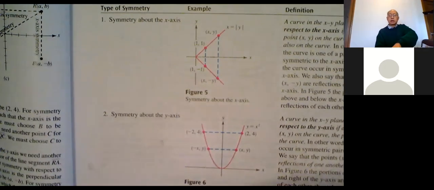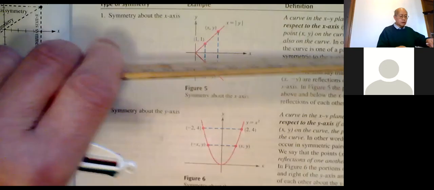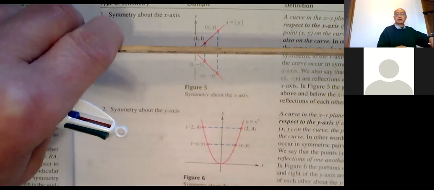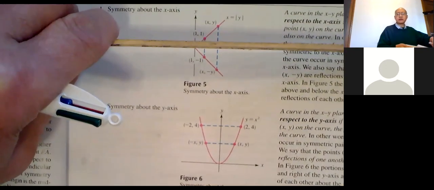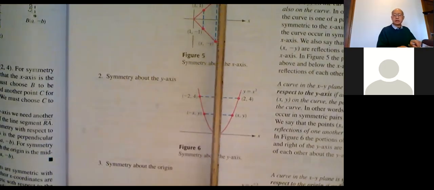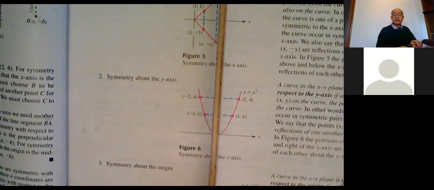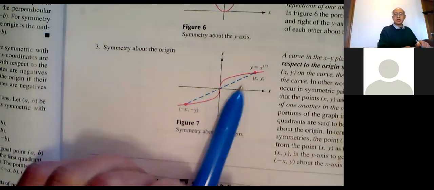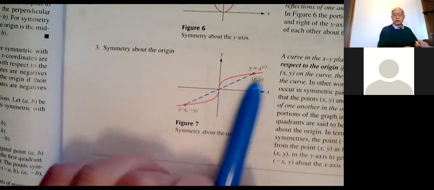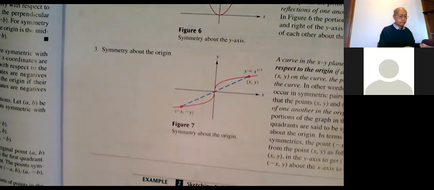So you can have x-axis symmetry, which means if you put a mirror on the x-axis, the reflection of the top is the bottom and vice versa. You can have y-axis symmetry like that. So if I put a mirror on the y-axis, then the left and right are reflections of each other. A more difficult concept is reflection about the origin. So it goes like so.